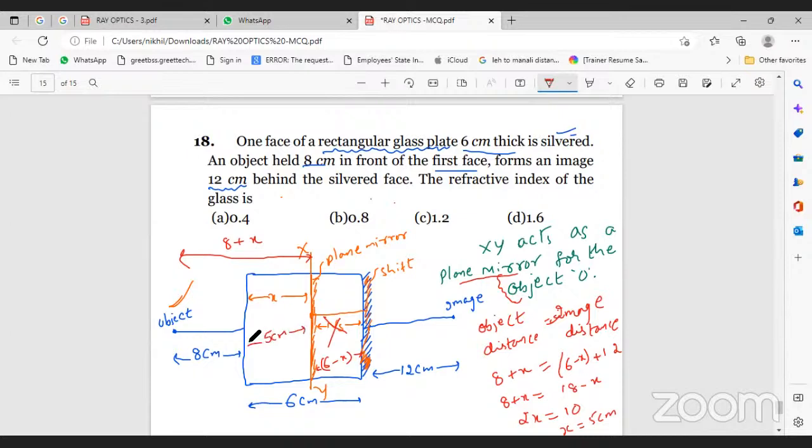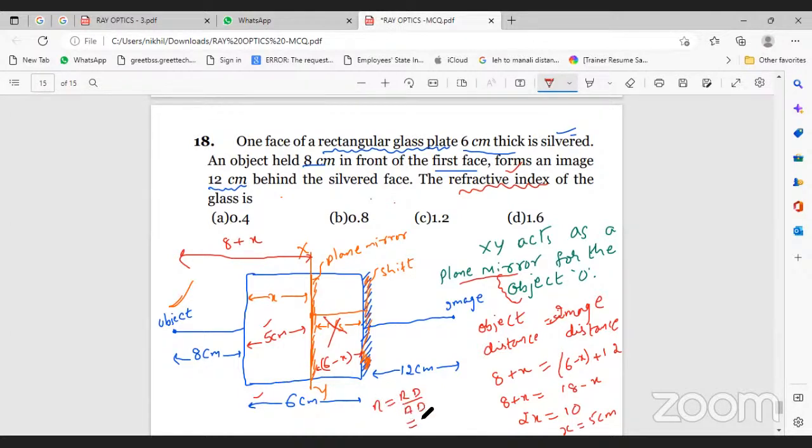But what are they expecting you to find? The refractive index, sir. Now I know the real depth and I know the apparent depth. What is the refractive index formula? Real depth by apparent depth.